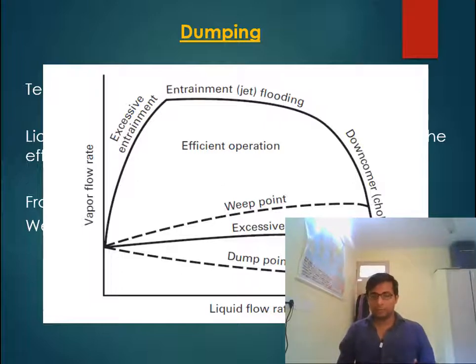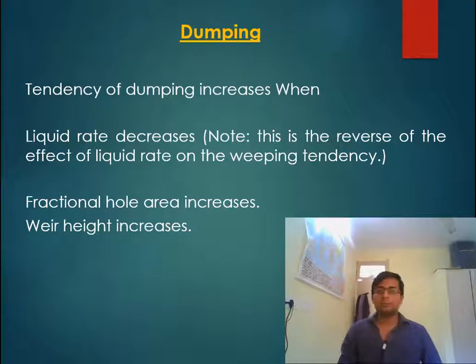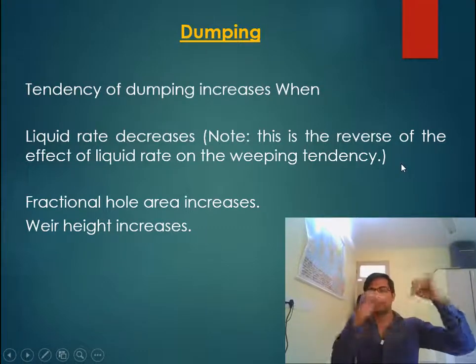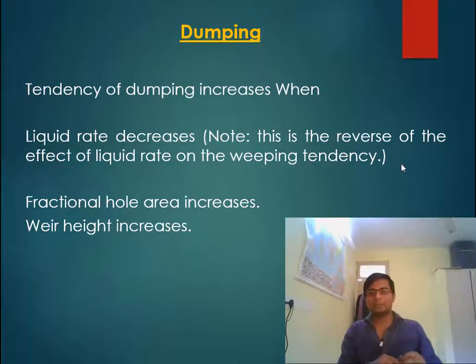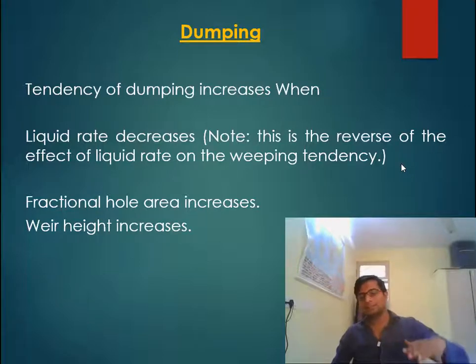So even if your liquid flow rate increases, there is no increase in hydraulic tray pressure drop. Okay. So what happens when liquid flow rate decreases? It provides sufficient residence time for dumping. So because of that reason, when liquid flow rate increases, chances of dumping will be less.